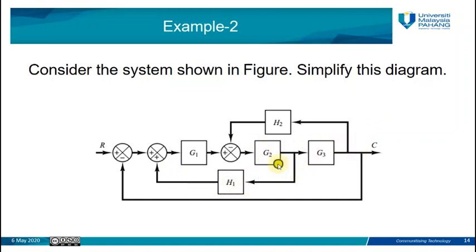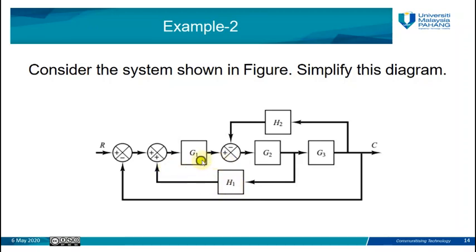So we can check, are G2 and G3 in cascade? No, because we have a pickup point here, so we cannot say G2 is in cascade with G3. Okay, are G1 and G2 in cascade? Also no, because we have a summing junction between these two blocks. Do G1 with H1 represent a feedback?